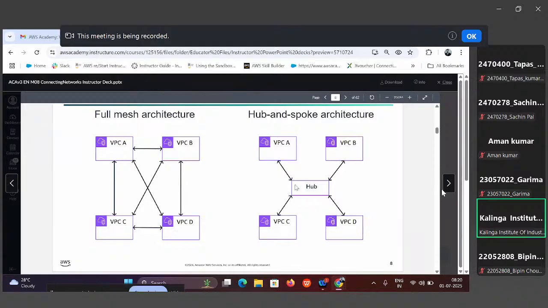So this is called the hub and spoke architecture. But mesh is the more usable architecture in the industry, because you cannot rely on any one device. Here they are relying on the central device, right? So these are the differences between mesh architecture and hub and spoke architecture.